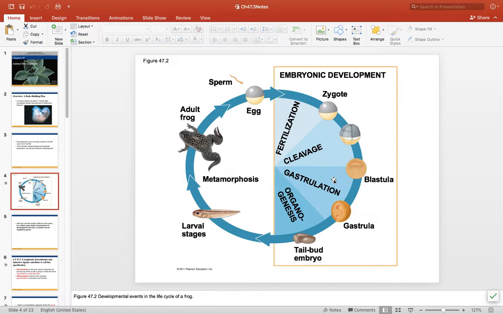Then gastrulation, which is the production of cavities, starting in what's called a blastocyst and a gastrula, where the cavities start to form within that ball of cells, and then differentiation starts to occur during organogenesis, before that new organism is born, either live or through an egg.